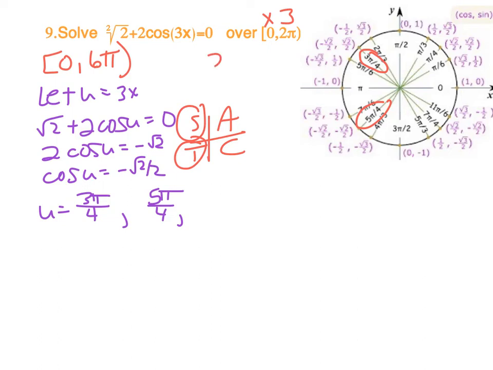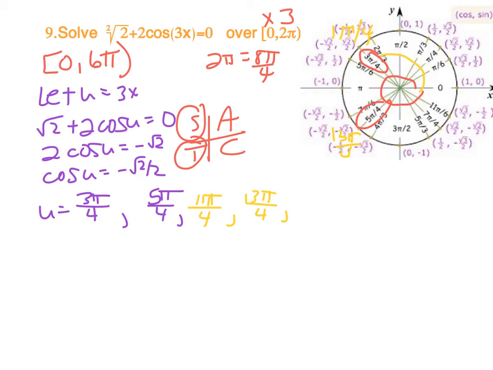So remember, 2 pi is equal to 8 pi over 4. If I add 8 pi over 4 to this, I'm going to get 11 pi over 4. If I add 8 pi over 4 to this one, I'm going to get 13 pi over 4. So my first time around hits those two. My second time around will hit 11 pi over 4 and 13 pi over 4.